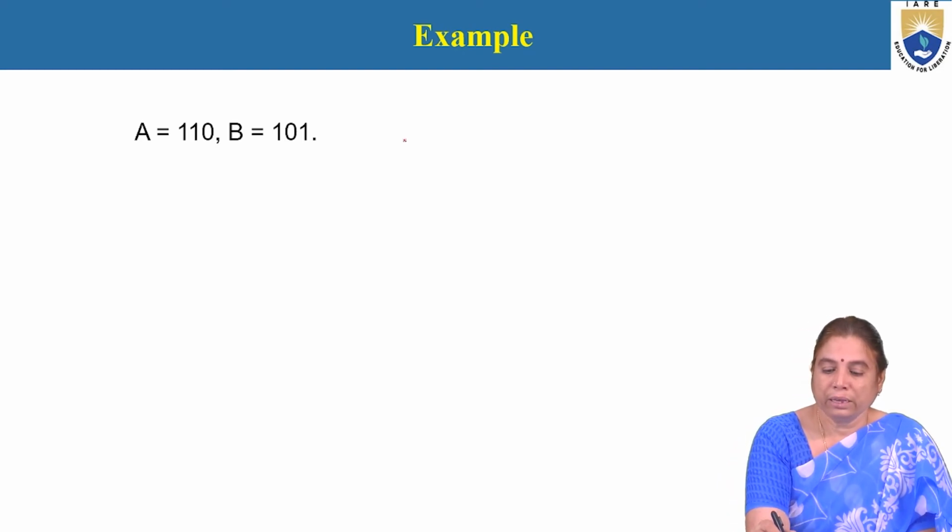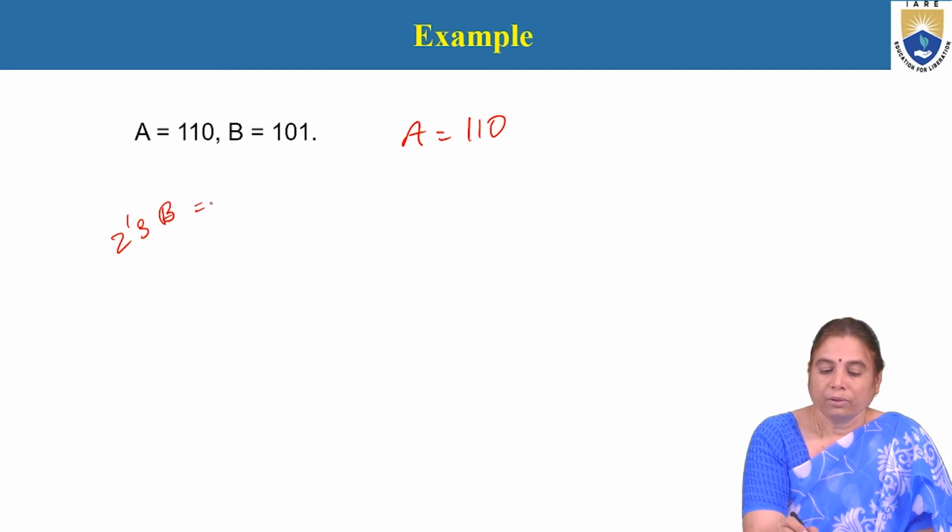A value is 110. B value is 101. So for the subtrahend, we have to find the 2's complement of B. The B value is 101.